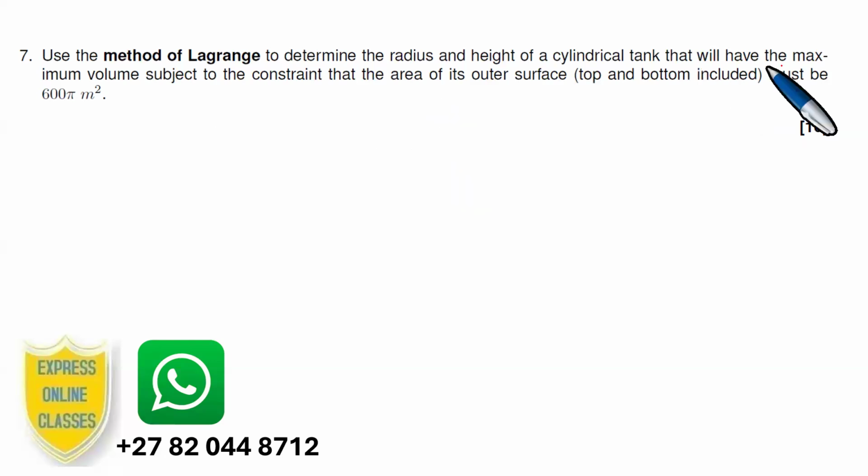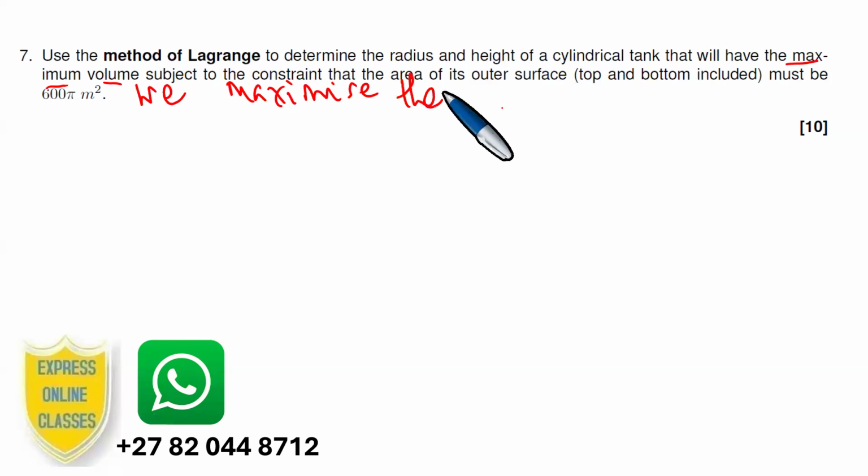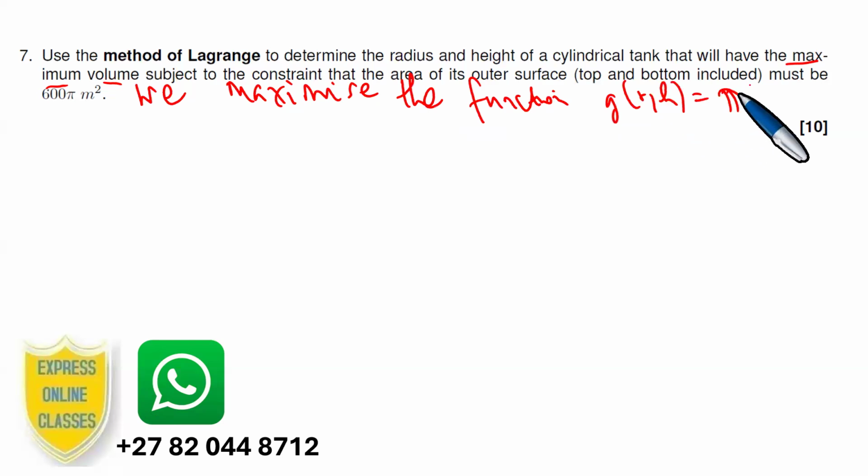If we want to have the maximum volume, we are obviously going to maximize. So we maximize the function g(r,h), which is pi r squared h, subject to the constraint.